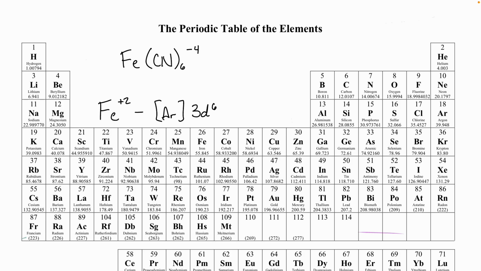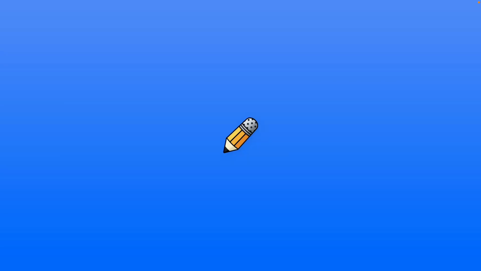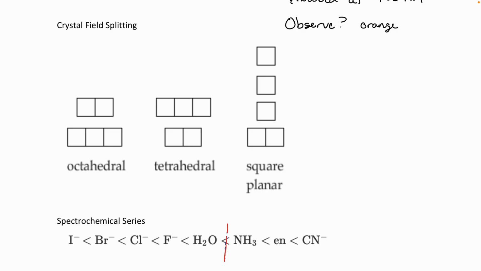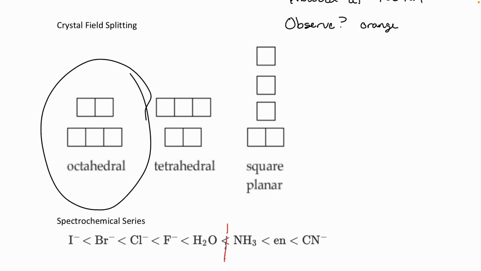I should have 1, 2, 3, 4, 5, 6 3d electrons and 2 4s electrons, but then I remove those 2 4s, leaving me with just 3d6. And then given the fact that we have 6 ligands, which crystal field splitting diagram are we going to use? The octahedral one.